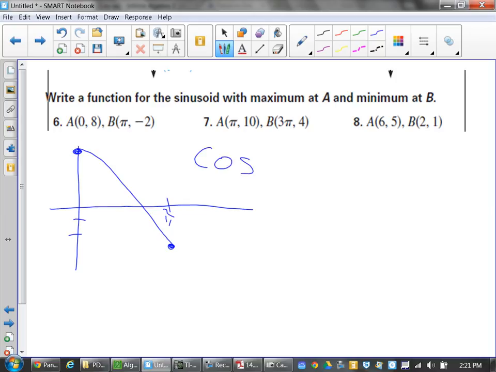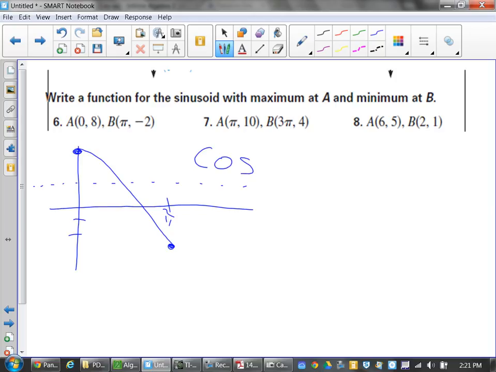You also know that your symmetry line, your shift line occurred. So all it is, what's the midpoint of 8 and -2? It's 3.